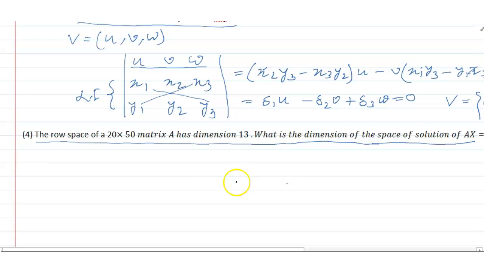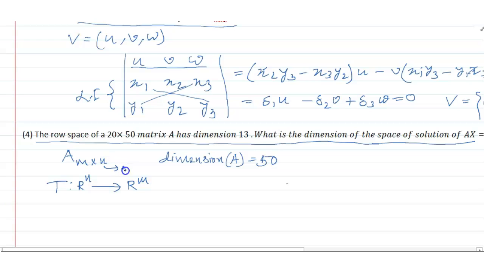You will see that the dimension of the domain is 50, because T such that R to the power n tends to R to the power m, where m cross n, n is the column count, which is 50, and m is here 20.